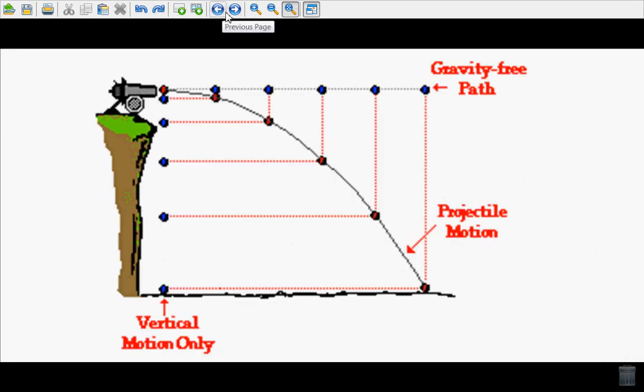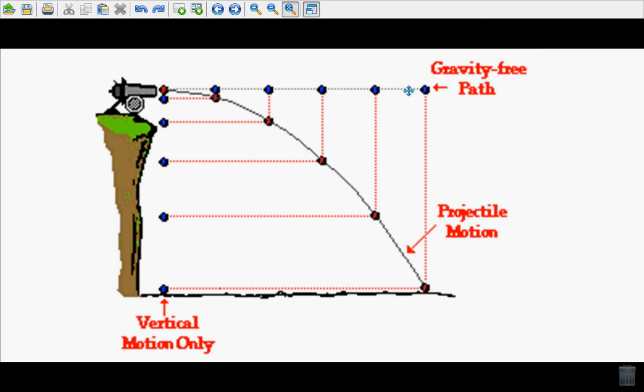Here is an example of a problem that we looked at previously, which is just what happens when an object is launched horizontally off of a great height. There are two things that we had to keep in mind. Number one, that we have to pretend horizontally that the object has been launched along what's called a gravity-free path.